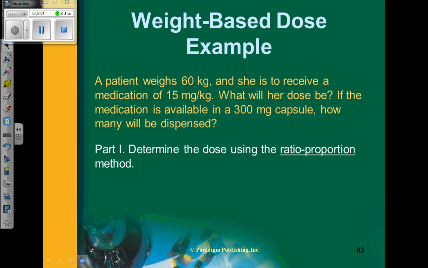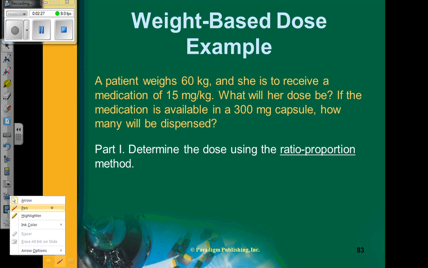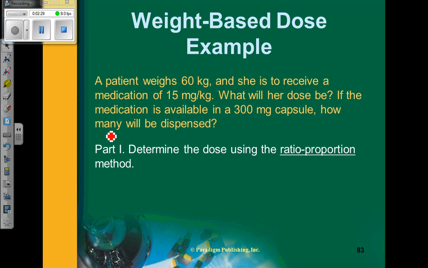For part 1, determine the dose using the ratio proportion method. First, what will her dose be? So we know we're going to have X milligrams, and the patient weighs 60 kilograms.